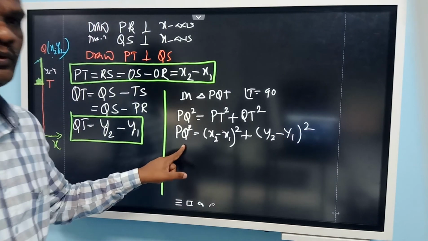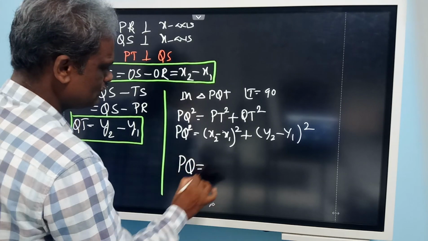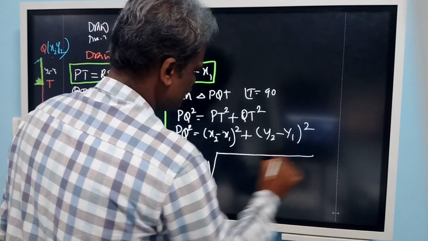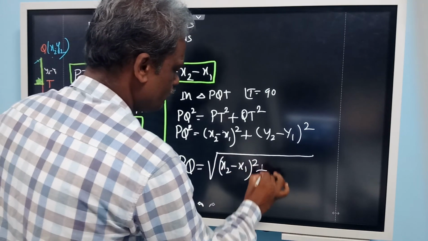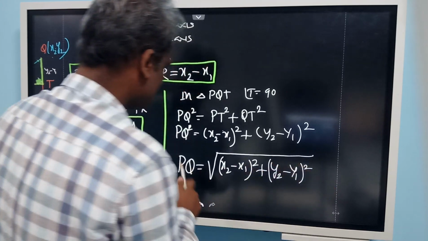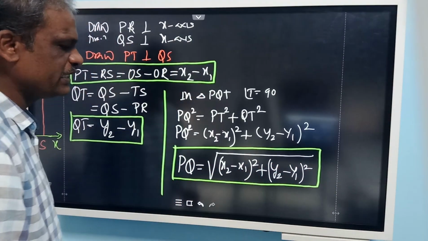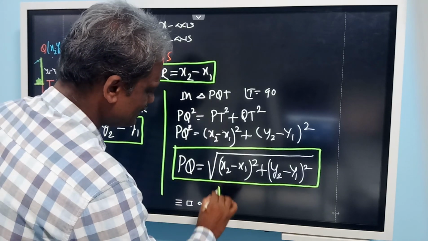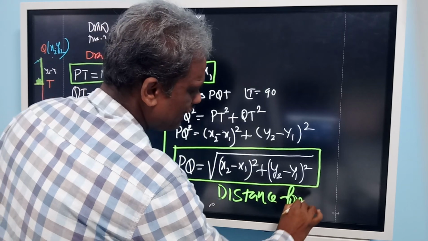So this is PQ square. I want the length PQ, so PQ will be equal to the root of x2 minus x1 whole square plus y2 minus y1 whole square. This is the formula to find the distance between any two points on the plane, and it is called the distance formula.